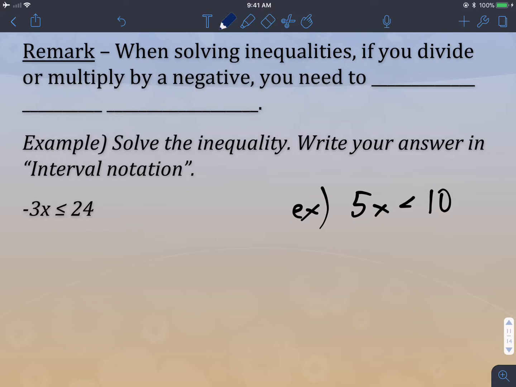First, there's a rule. If you divide or multiply by a negative, you need to switch the inequality arrow.